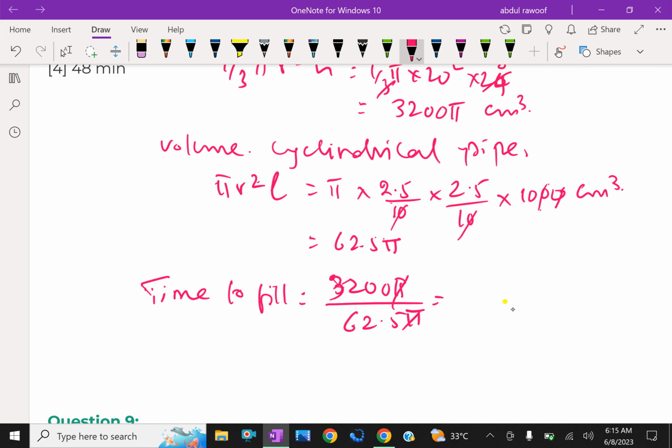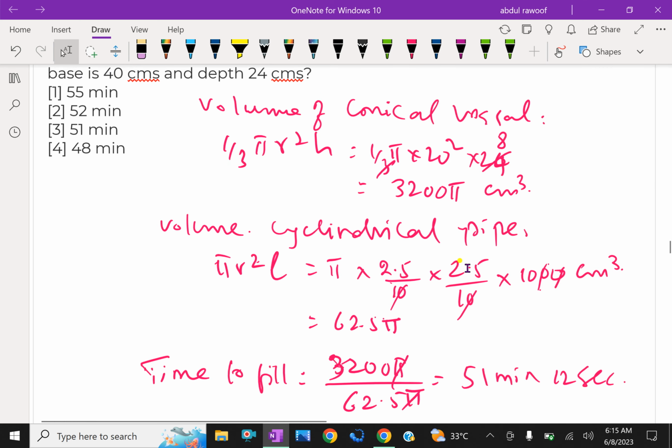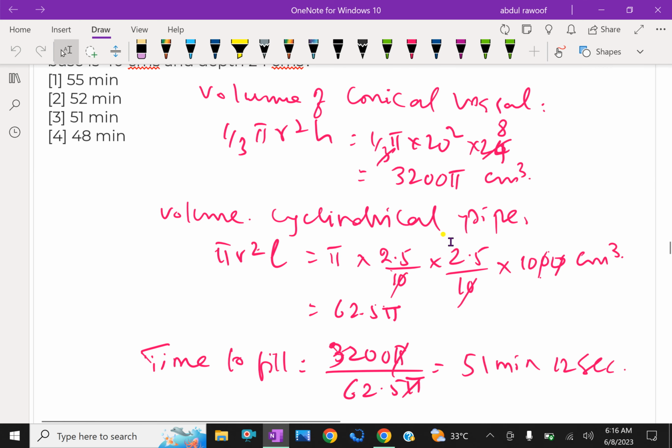This pi cuts, and the division gives 51 minutes. After the remainder, we multiply the decimal by 60, which gives 12 seconds. It takes approximately 51 minutes.